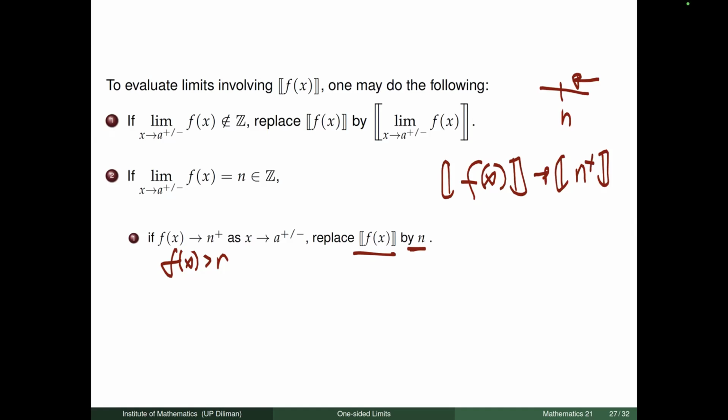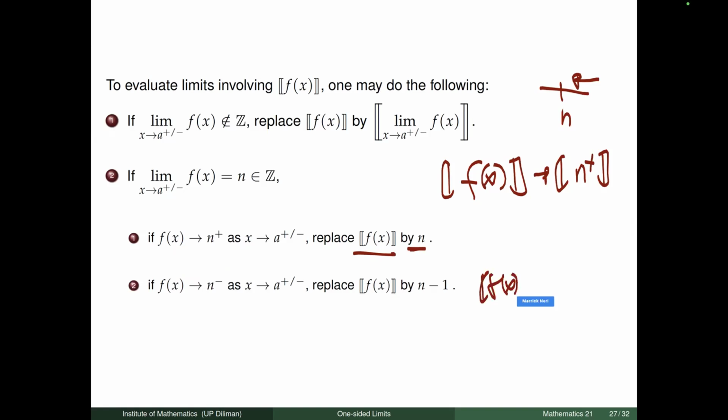On the other hand, if f of x is approaching n through negative values, or not negative, from the left. So what happens is f of x is approaching n through values less than n.